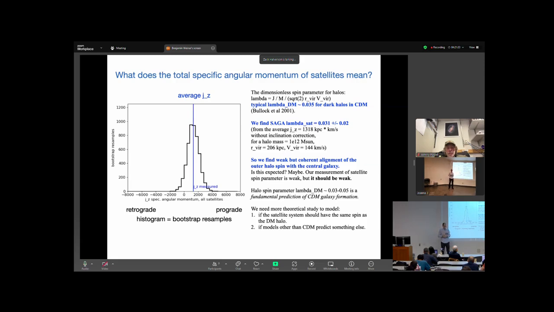So I don't know what the answer to that is. I suspect it has something to do with the separations and masses of the satellites in those papers. I don't really know.